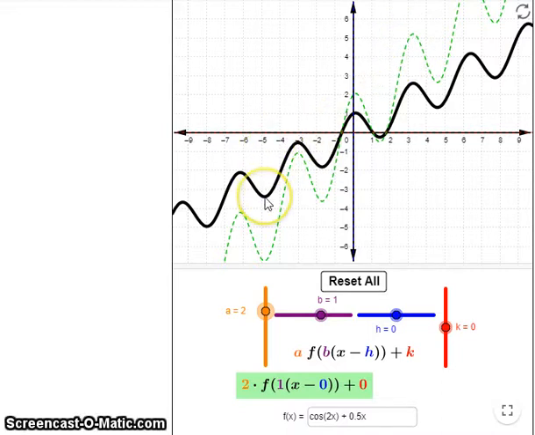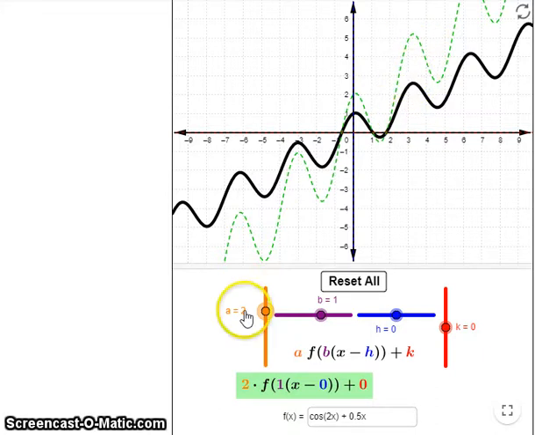If I go over to this one, for example, I can see that that y value is a little bit less than negative 3. And if I multiply that by 2, I should get something that's a little bit below negative 6. And so basically the idea of a is that it has this effect of stretching in the vertical direction only the height of the curve.